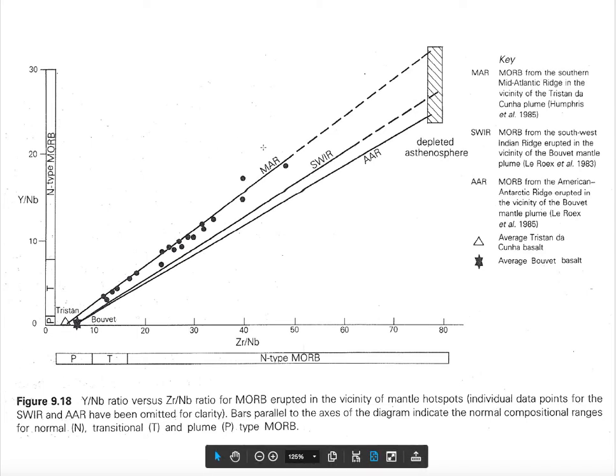These data points are just representing the ones from the southern part of the Mid-Atlantic Ridge.